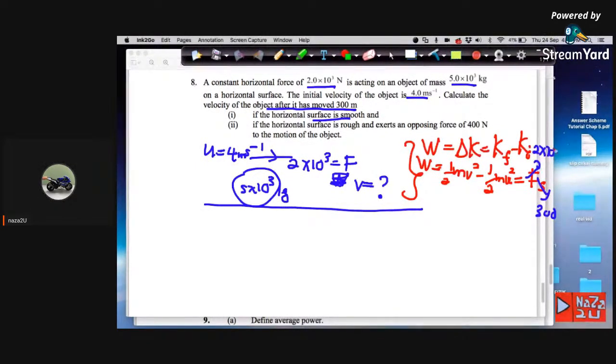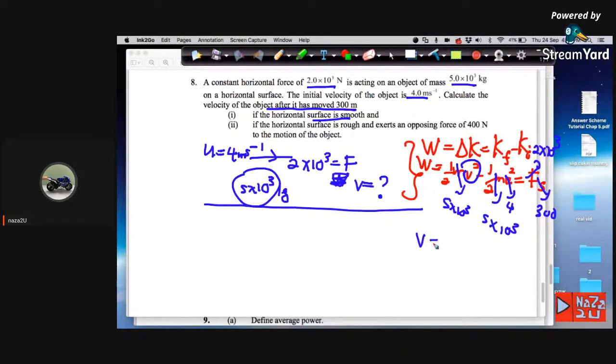2 exponent 3, and initial velocity is 4, this initial 4, mass dia bagi sini 5 exponent 3, also here 5 exponent 3, and the final velocity yang kita nak cari, the final velocity here.